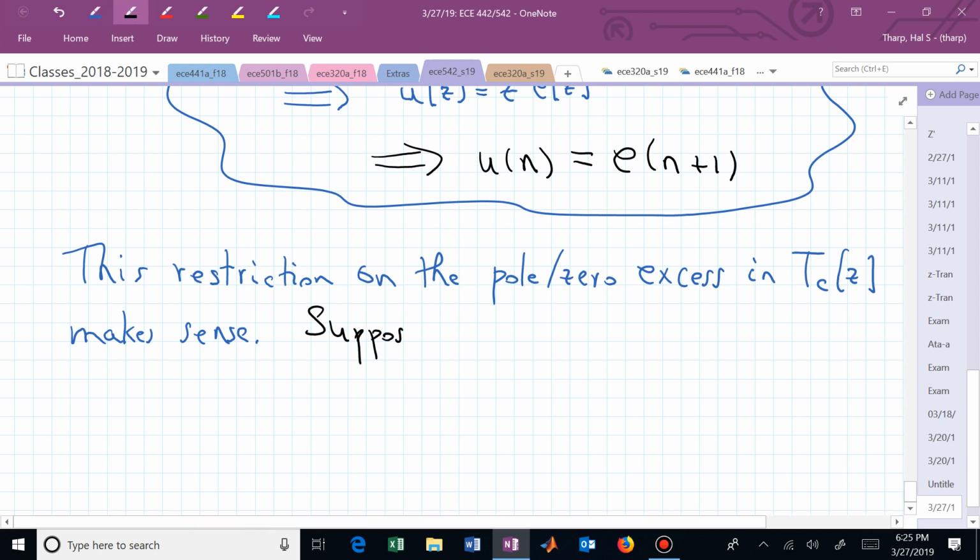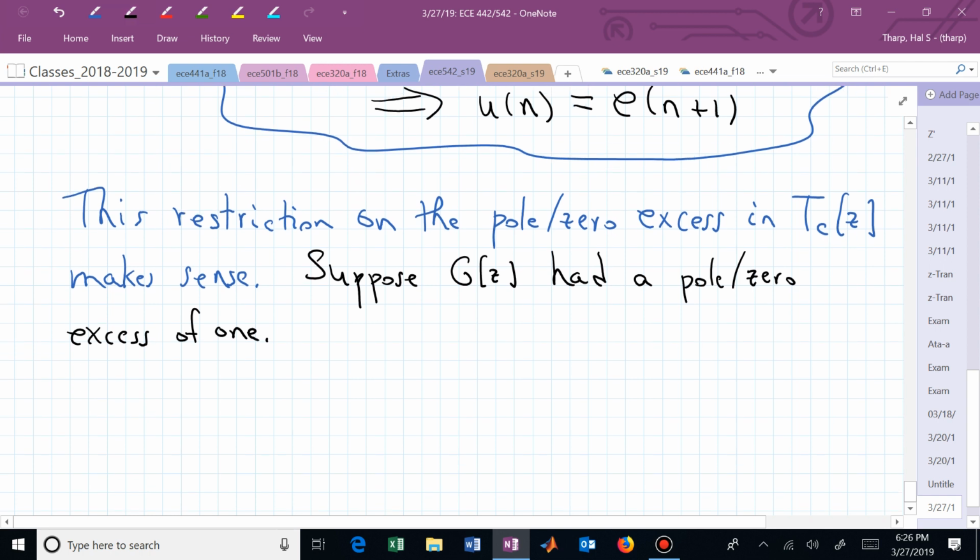Suppose that G of z had a pole zero excess of 1. And you've already seen plants that possess that property in today's lecture.